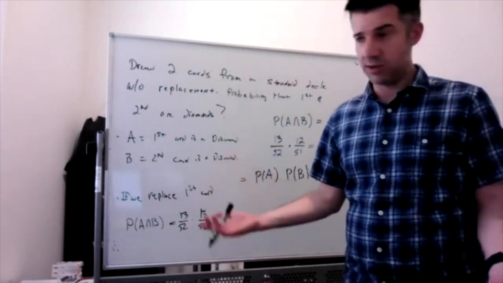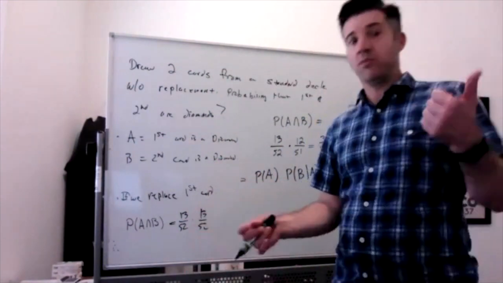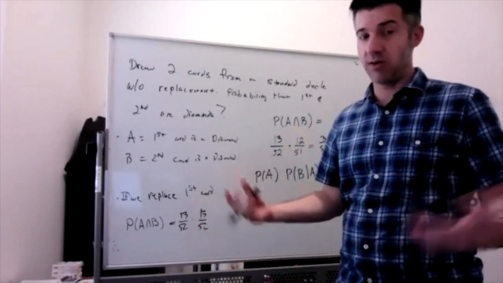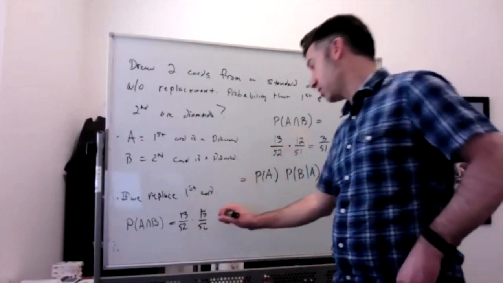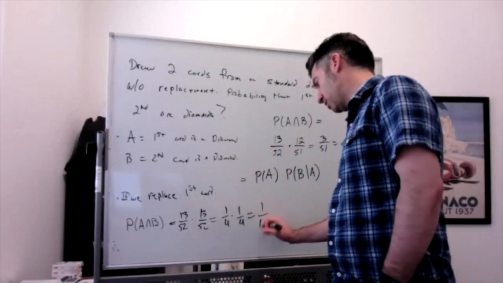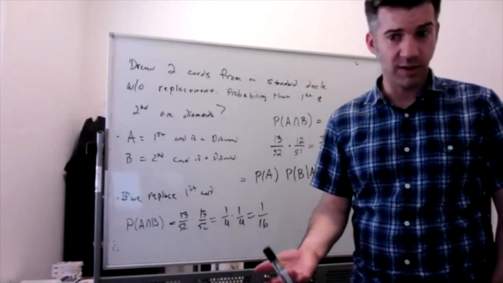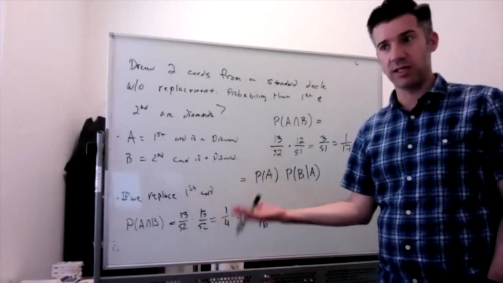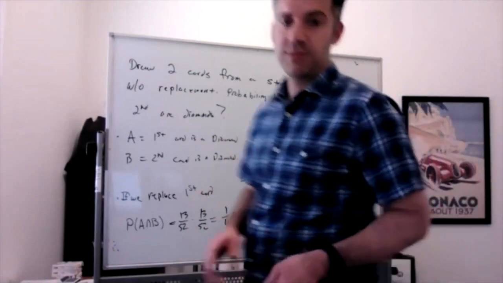There's 13 diamonds out of 52 cards, a 1/4 chance of getting one. Then you put the card back in and pull out another card. There's again a 1/4 chance of getting a diamond. So that's 1/4 times 1/4, which is 1/16. A slightly higher probability, by the way, which isn't surprising. If you put the card back, there's a higher chance of both being diamonds.